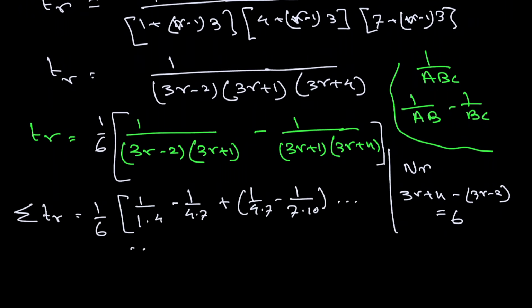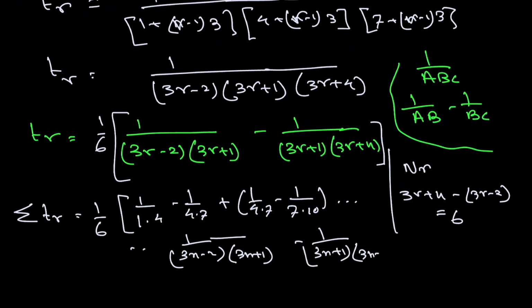If we go through the continuation, we get the nth term as 1 by 3n minus 2 into 3n plus 1 minus 1 by 3n plus 1 into 3n plus 4.